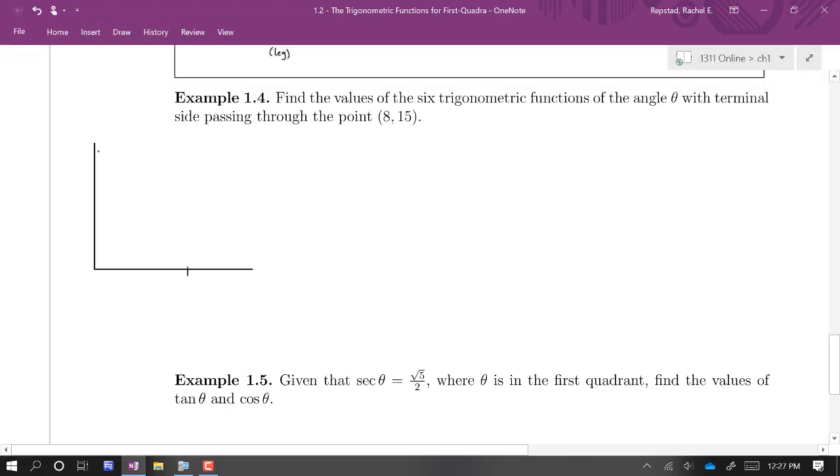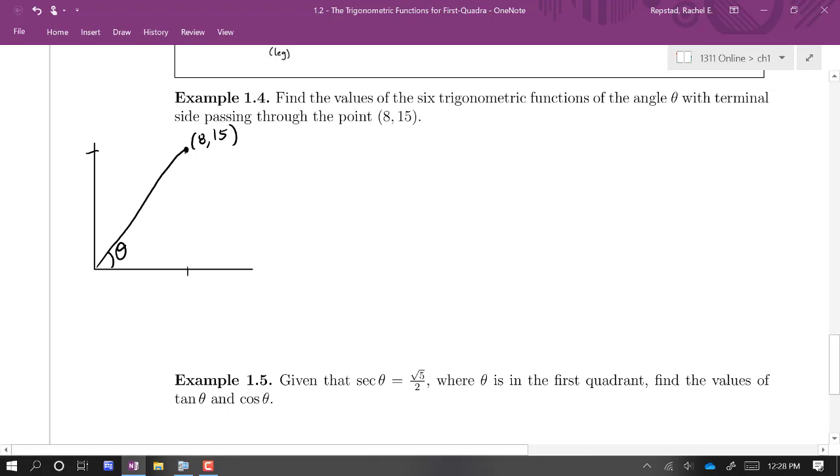So (8, 15). Here's my angle theta, and we want to find the values of the 6 trig functions.